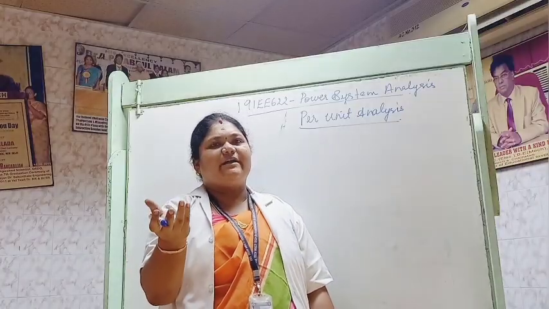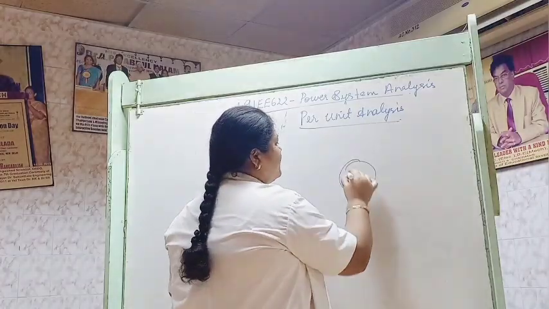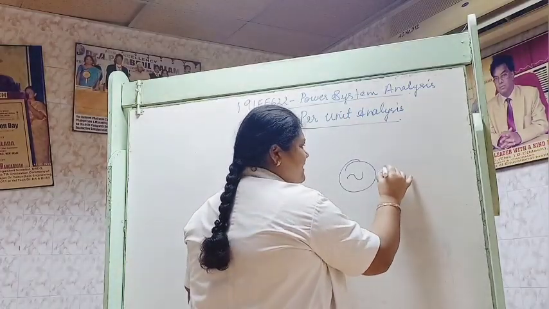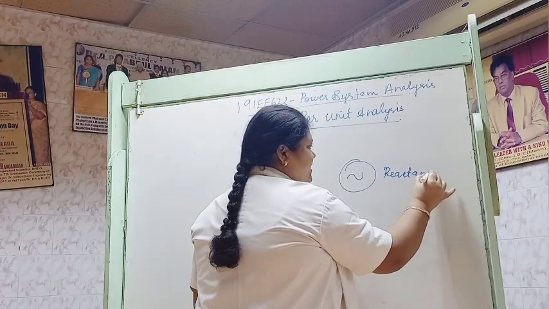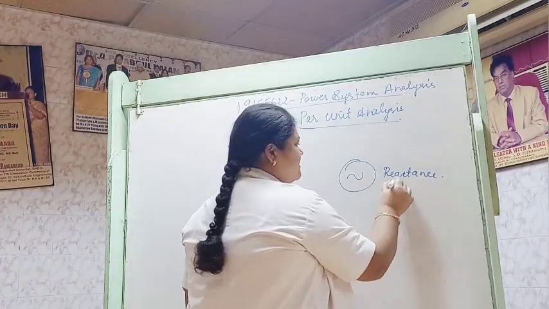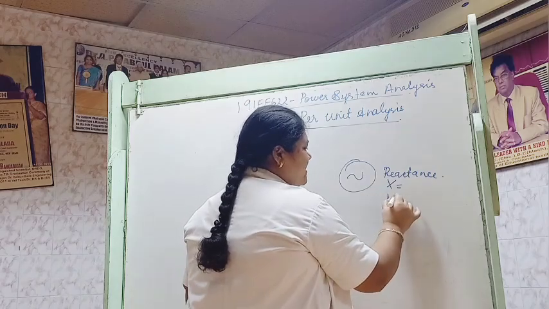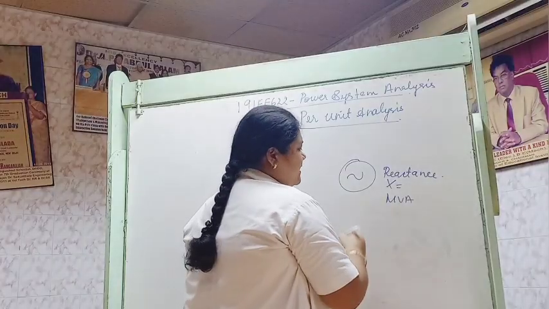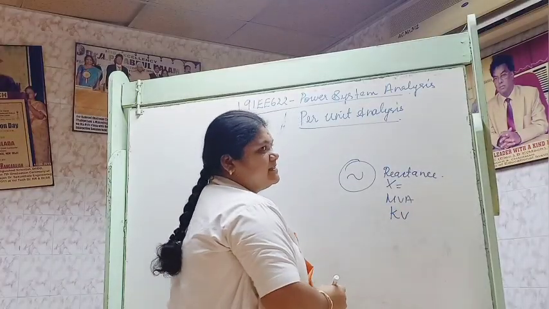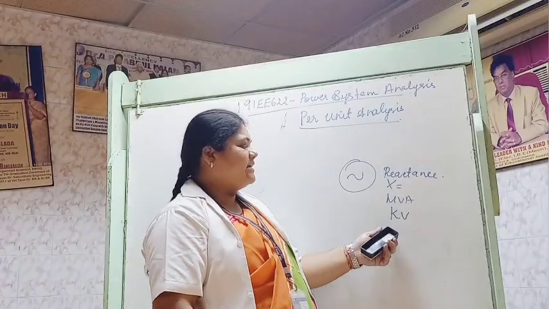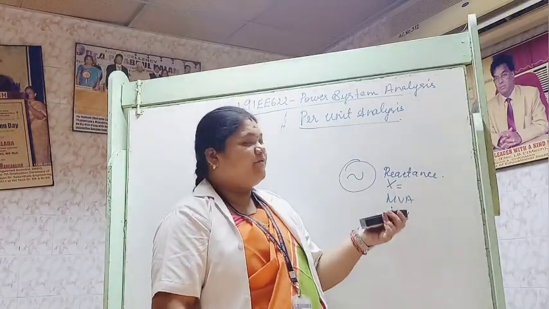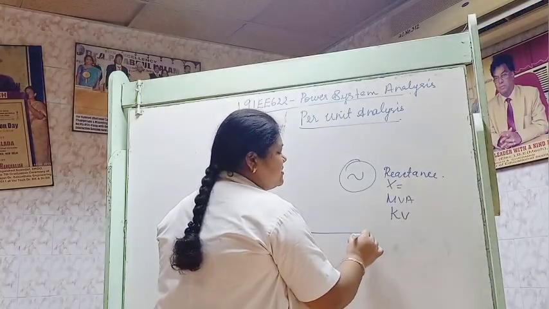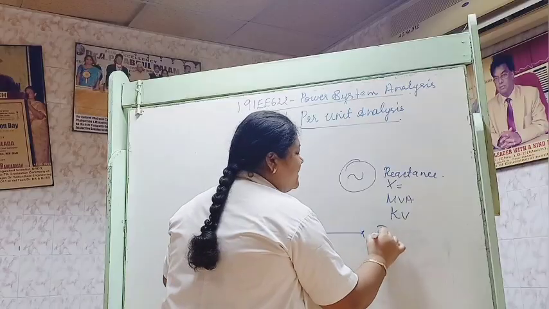A generator is represented with its specification: reactance, MVA or KVA, megavolt ampere, and the KV value, kilovolt, which is the voltage. The same is represented for the transformer. For a transmission line, we have impedance.